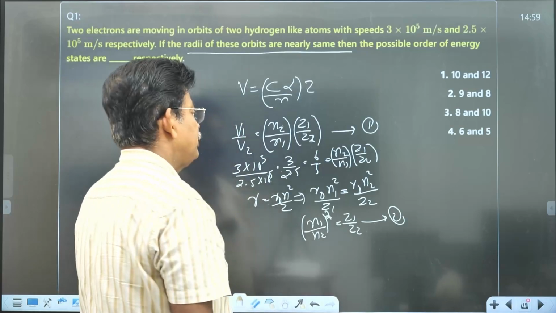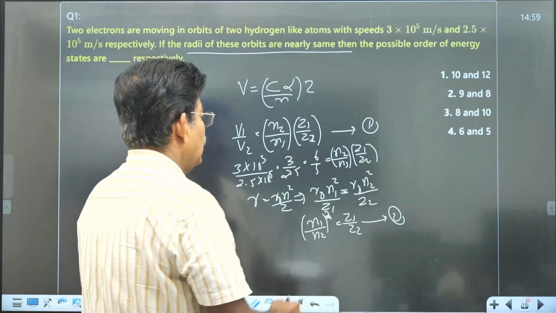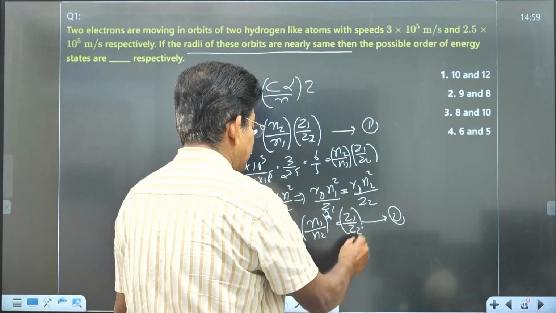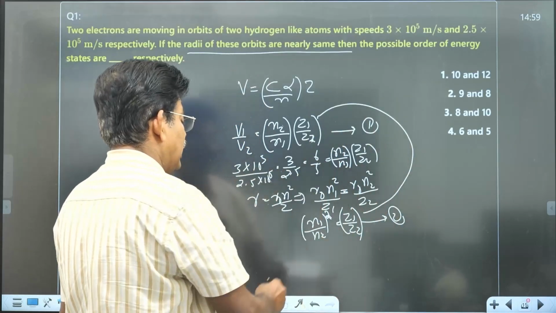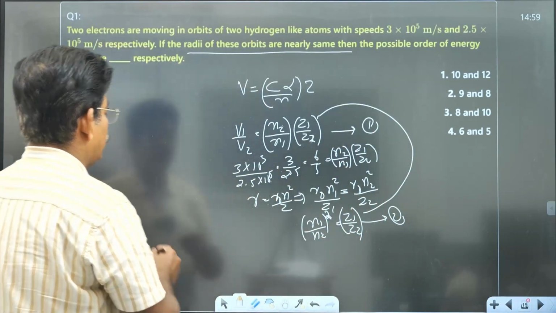This is equation number 3. In equation number 2, instead of Z1 by Z2, I am replacing this with N1 by N2 whole square.